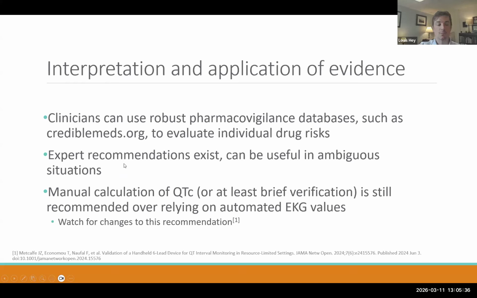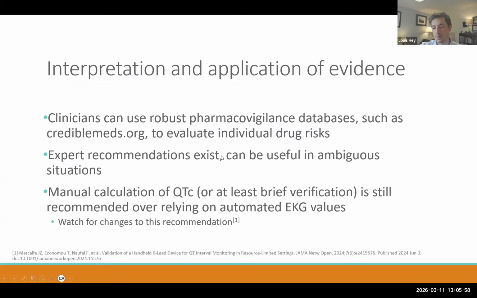And then just be aware that if you have a patient that you're worried about, this is how I think I'm going to use this information of manually calculating the QT. I don't think I'm going to start manually calculating QTs on all of my EKGs, but it's good to know that it's not terribly overwhelming to do, and that it is good to verify.